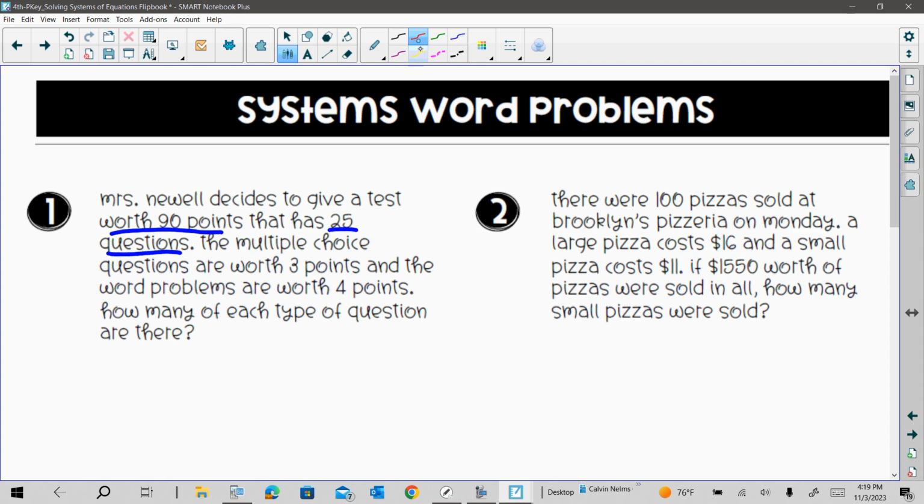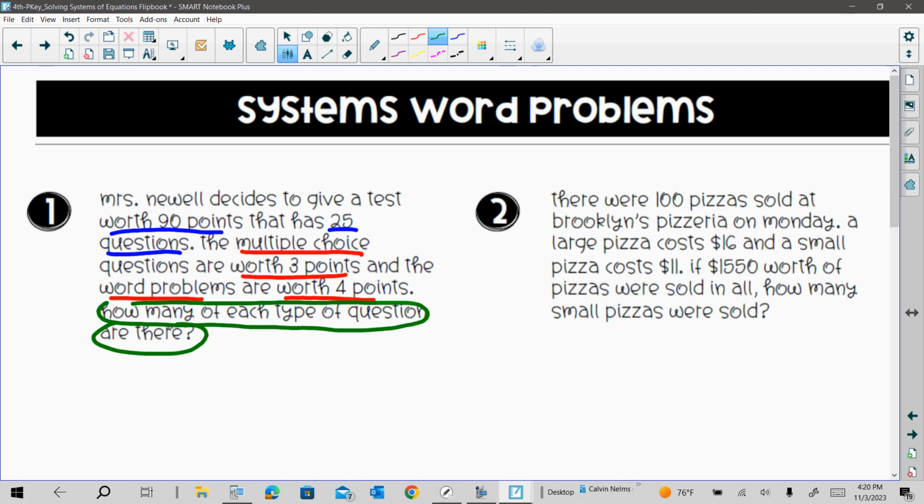And then it also states that our multiple choice questions are worth 3 points and our word problems are worth 4 points. So the point value is talking about the total 90 point value in that very first thing that I underlined. And our question is basically how many of each type of questions are there.